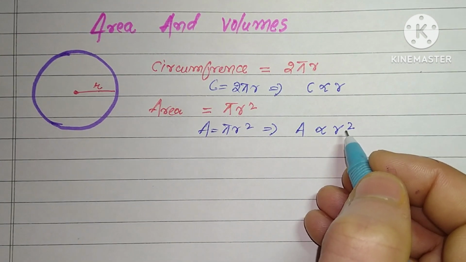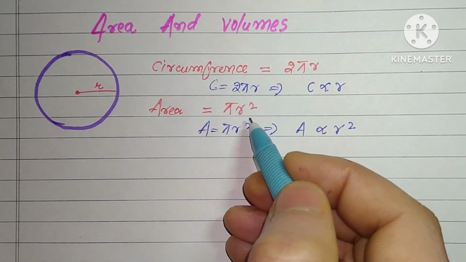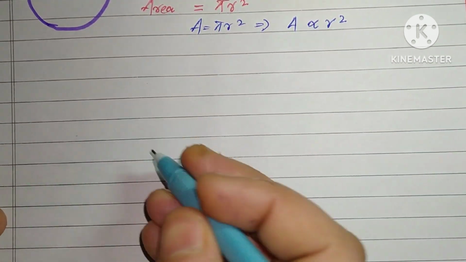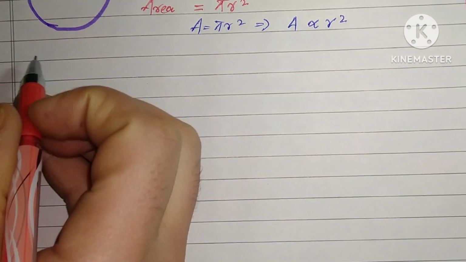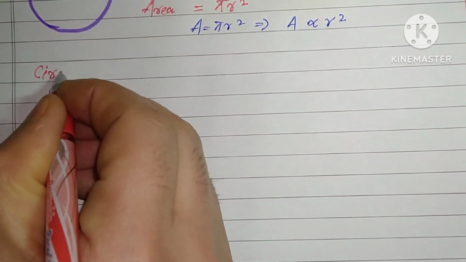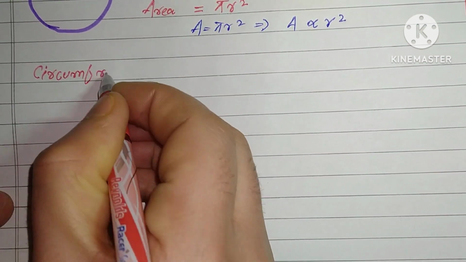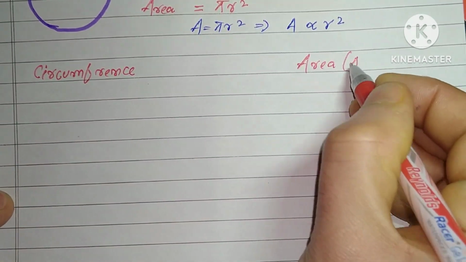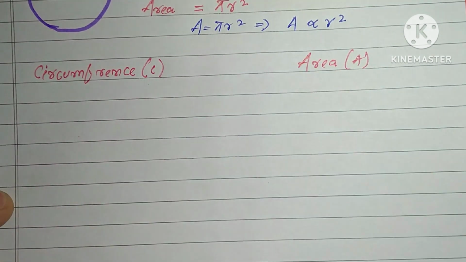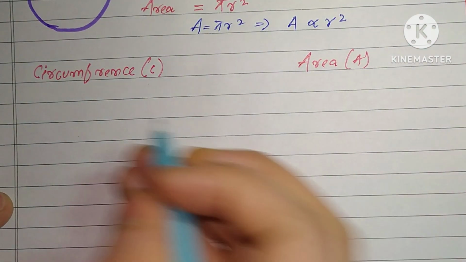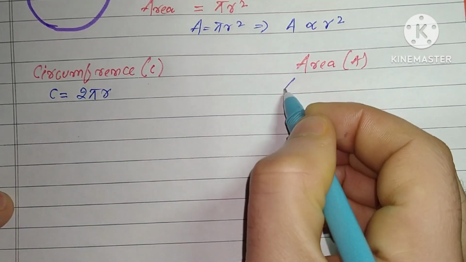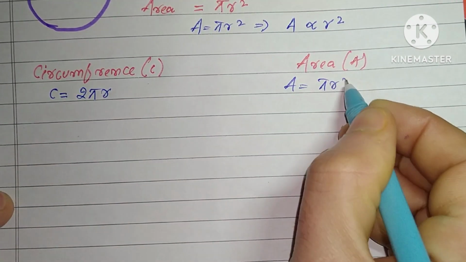If radius increases or decreases by some percentage, what will be the effect on the circumference and the area? We know circumference of circle is equal to 2 pi r and area of circle is equal to pi r square.